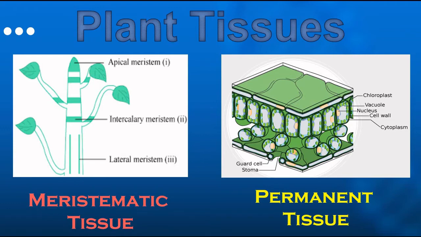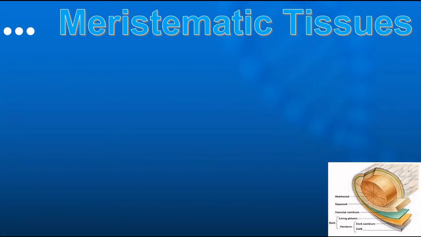First we'll look at the meristematic tissue, then move on to the permanent tissue in detail. A meristematic tissue constitutes a group of actively dividing cells present in the growing region of the plant, for example, the tips of roots and stems. I have already said that meristematic tissue's main function is the growth of the plant.